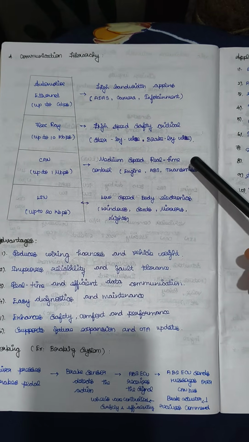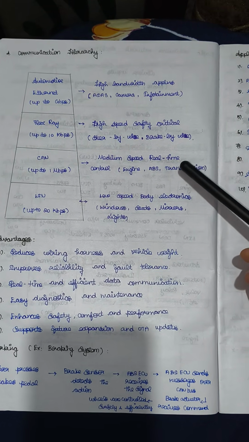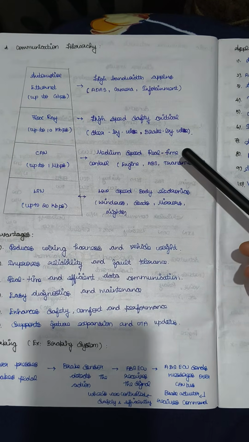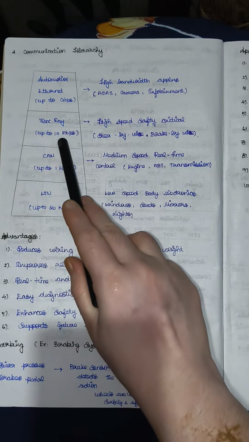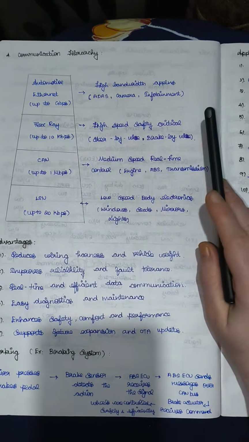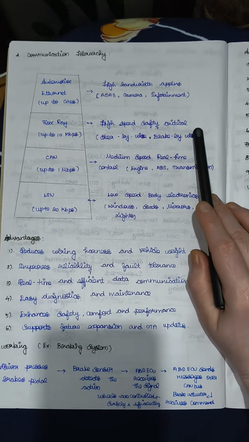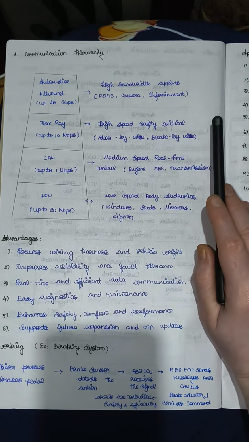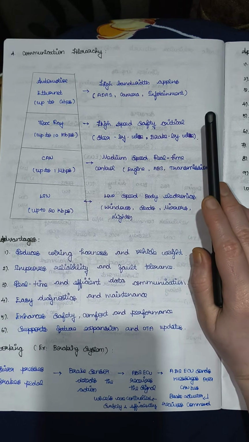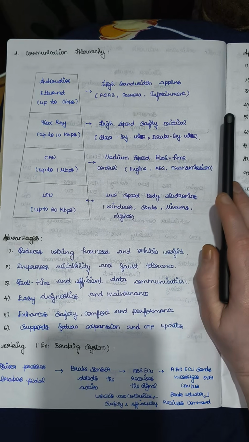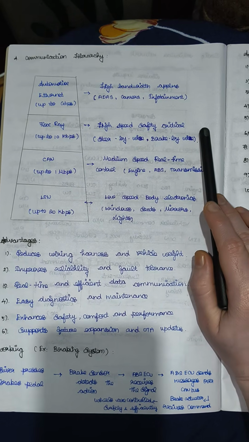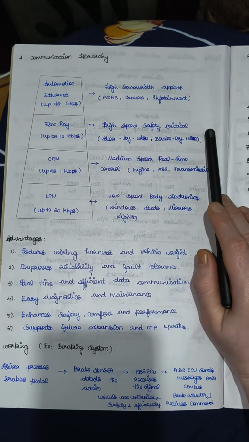The next is FlexRay, which supports higher speed communication, up to 10 Mbps, as shown in the figure. FlexRay is suitable for safety critical and high speed applications, including steer by wire and brake by wire.